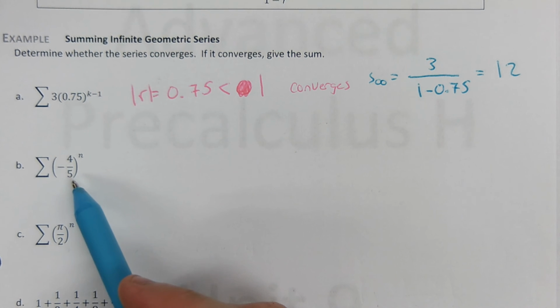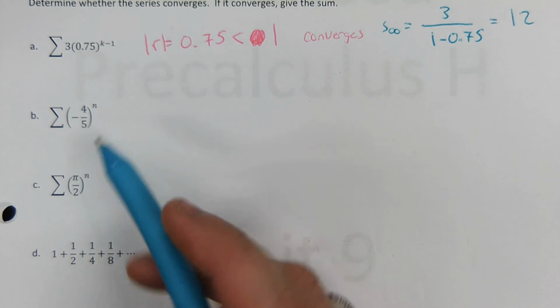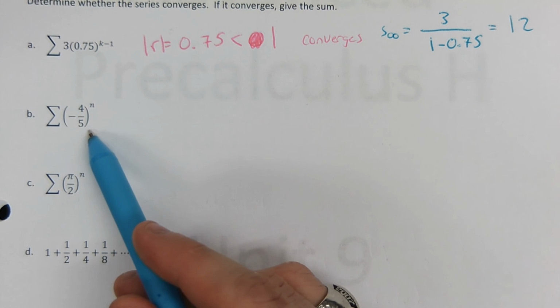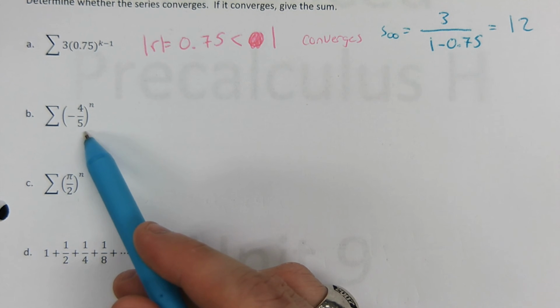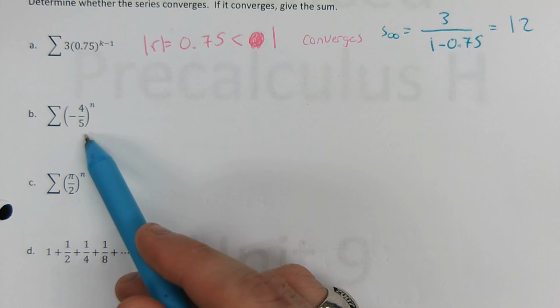Now this one we need to be a little more careful. If you're trying to find the first term, you plug in 1. So like this one, you might notice that this one is not written in the general form of a geometric sequence, but that doesn't change the fact that you can still see what its common ratio is.